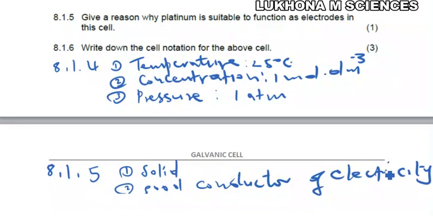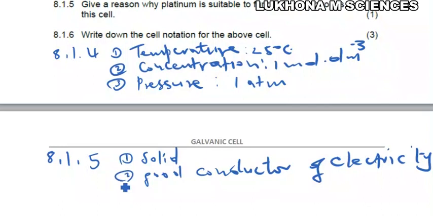That is why it is suitable to act as an electrode of this cell. Number 3, what I know about platinum is that it is inert. So any one of these is correct in this question.